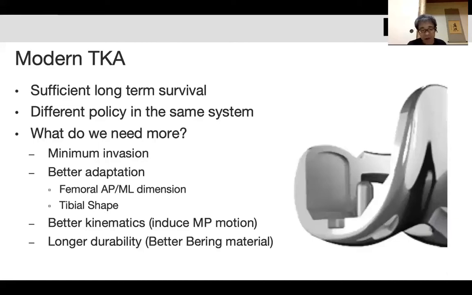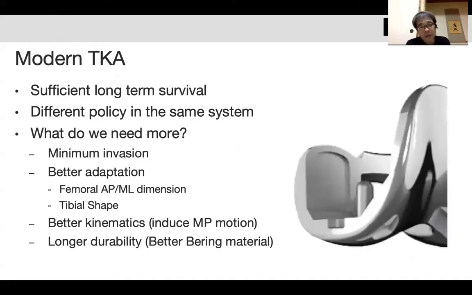It is not normal kinematics. So how to induce the medial pivot motion? One solution is to retain both ACL and PCL. Another solution is a highly conforming medial side, just like a ball in socket, but a flat articulation on the lateral side that can induce medial pivot motion. The medial side is stabilized and the lateral side can move freely.